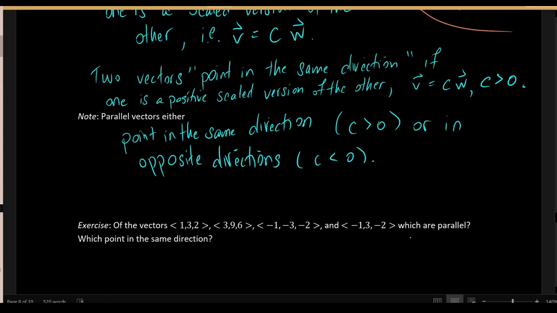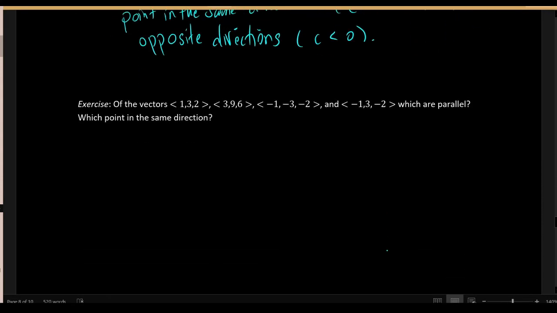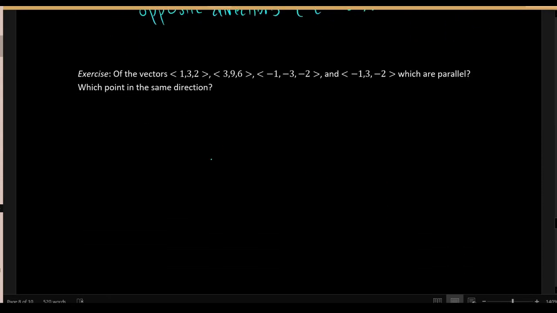So as a quick exercise, let's consider the following collection of vectors. We've got <1, 3, 2>, <3, 9, 6>, <-1, -3, -2>, and <-1, 3, -2>. So the question is, of these vectors, which are parallel, and of those, which point in exactly the same direction rather than in opposite directions.